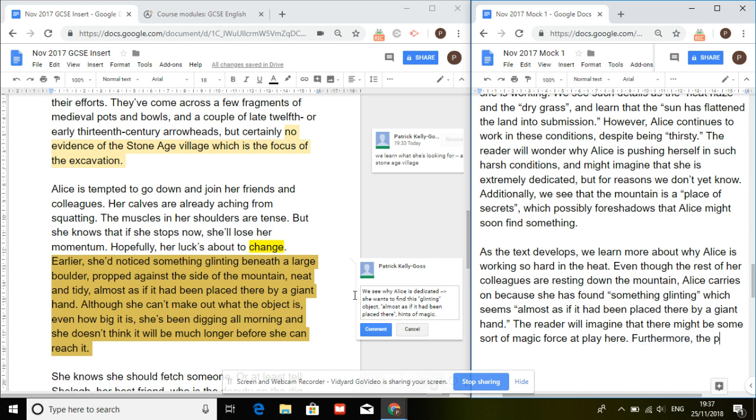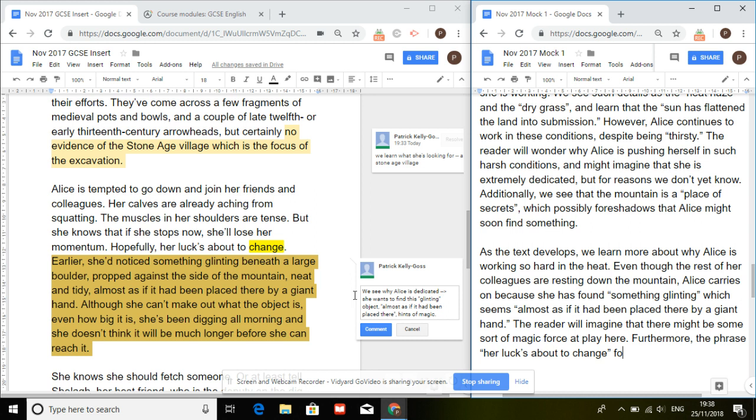Furthermore, the phrase her luck's about to change. This is an example of a little perspective shift, I think. And I think this is hinting to me that something is about to change. It's like foreshadowing this change in luck, foreshadowing development.